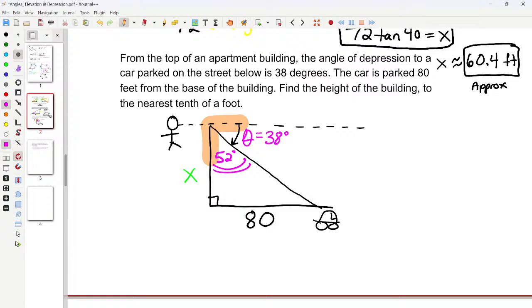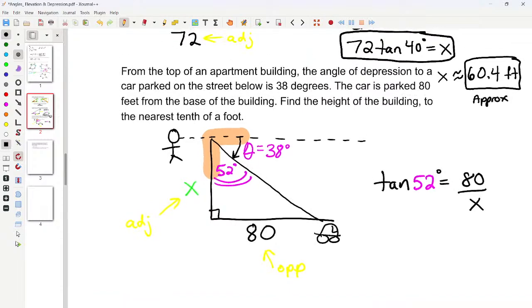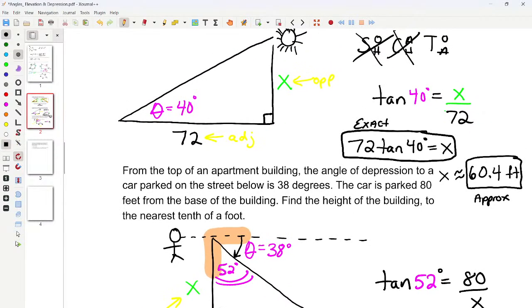From here, now we're going to use the 52 degrees, which, again, this is opposite. This is adjacent. So we've got our tangent again: tangent of 52 equals 80 over x. In addition to being an angle of depression, this equation isn't quite the same as the last one. It's going to require an additional step.